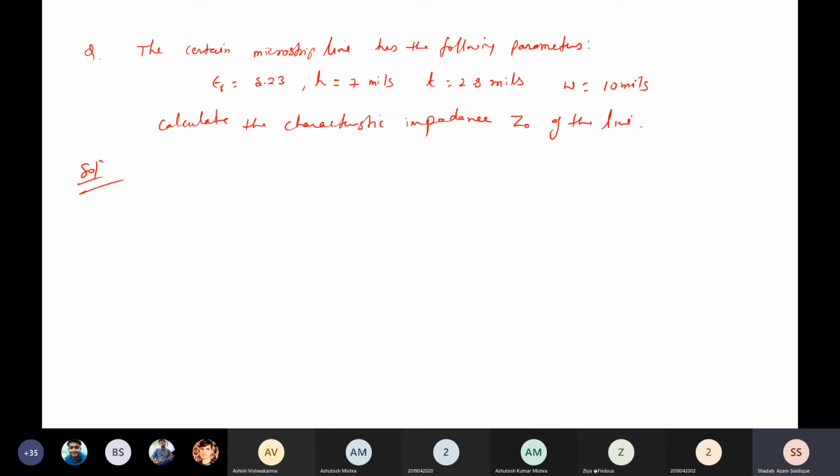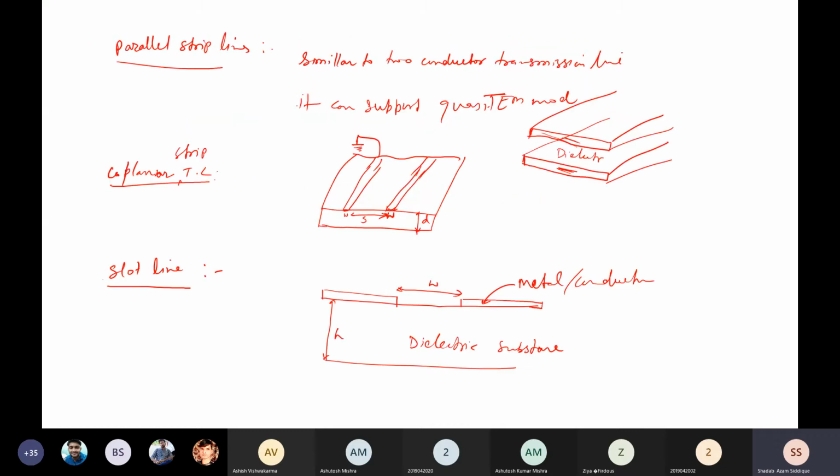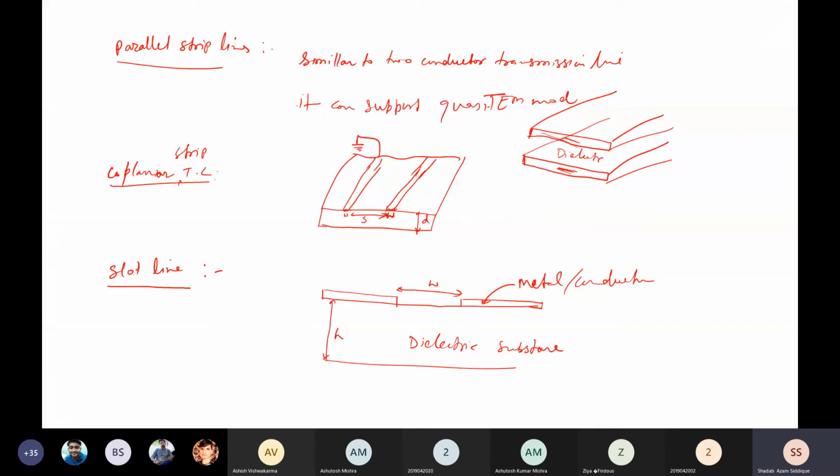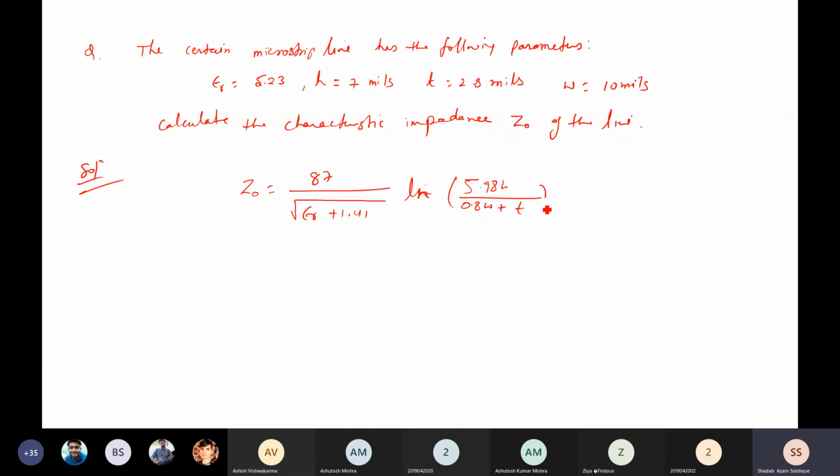So you need to find the characteristic impedance of the transmission line. All these things are given: epsilon r, h, t, w. We have the formula Z naught equals 87 upon square root of epsilon r plus 1.41, times ln of 5.98 h divided by 0.8 w plus t.